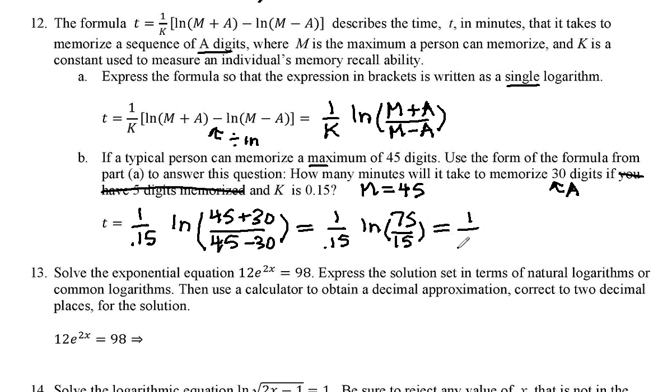So this is 1 over 0.15 natural log of 5. So that's what we're finding there. So you plug that in on your calculator, and you will get approximately 10.7. And that'll be minutes. So yours is similar. You're going to first combine to one log, and then you're going to do the plug-ins with the numbers that they give you.